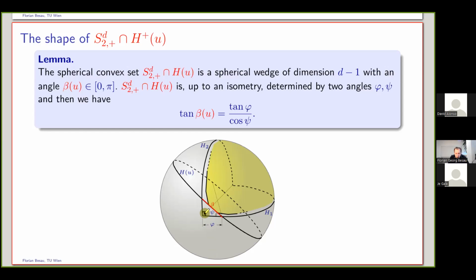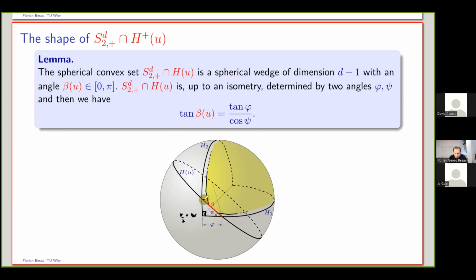You know the alpha. This is the angle between H1 and H2. And then you have another hyperplane HU, which is essentially controlled by the angles phi and psi as written in this sketch. So phi measures the spherical distance from this vertex to HU along H1, and psi measures the angle between H1 and HU.